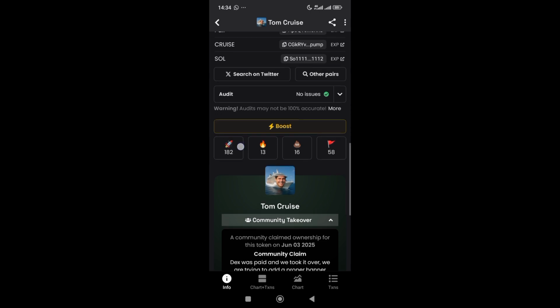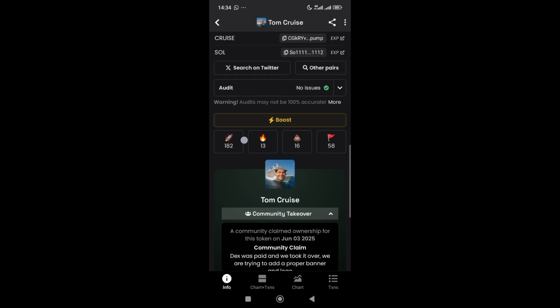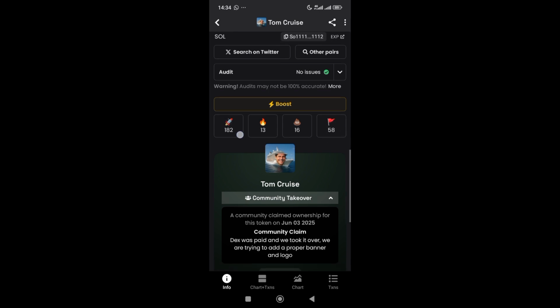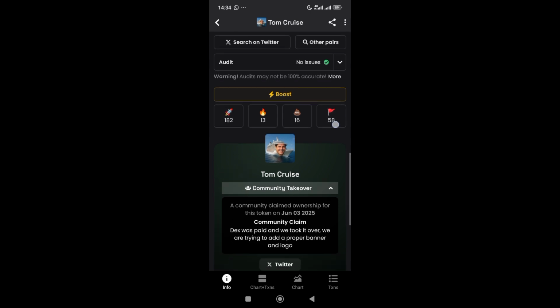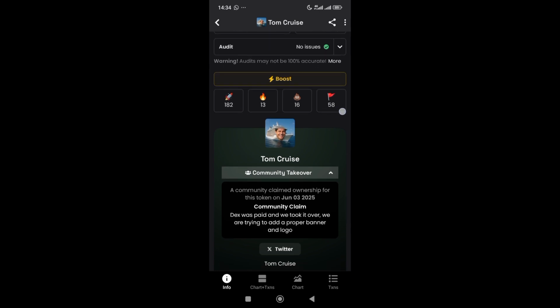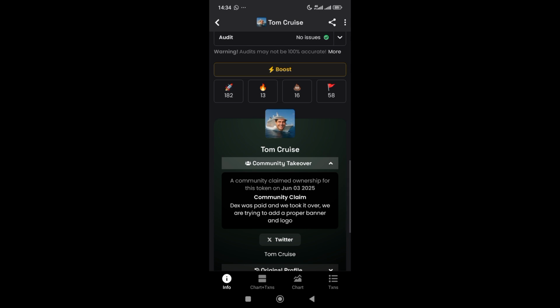This rocket sign means it has a good figure, that people are really buying the coin. If this red one is higher than this rocket, then it's a red flag, do not buy. But if this figure is higher than the red one, then you can go in for it. It's one of the signs that people are saying this token is doing well.